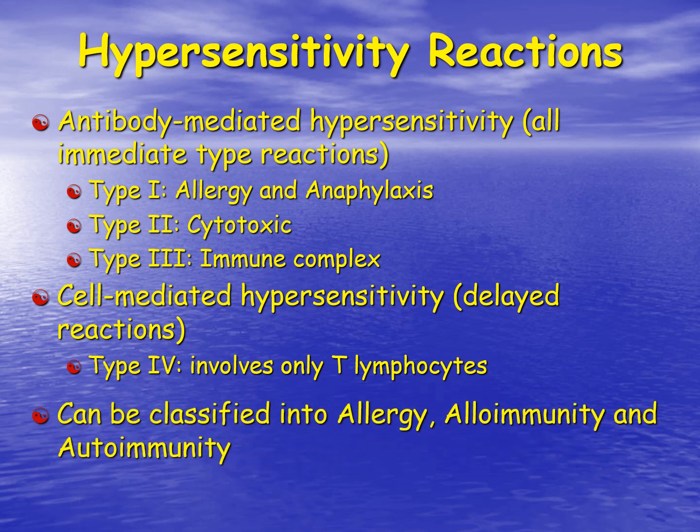These can also be classified by groups into allergies, which are inappropriate immune responses to an environmental antigen known as the allergen, alloimmunity, which is an inappropriate response to beneficial foreign tissue, and autoimmunity, which of course is the response to our self-antigens.